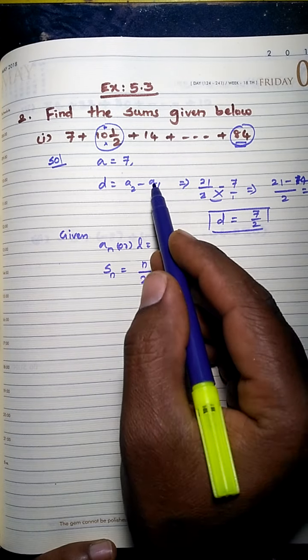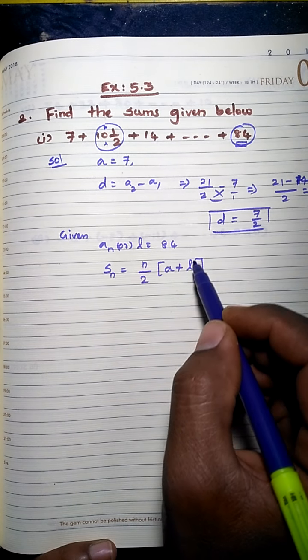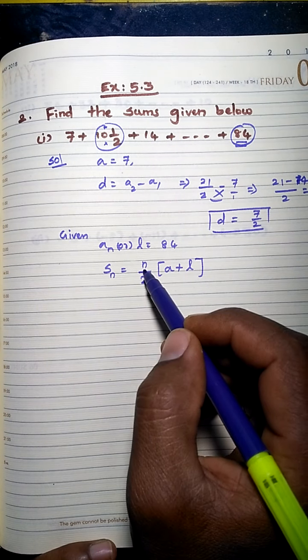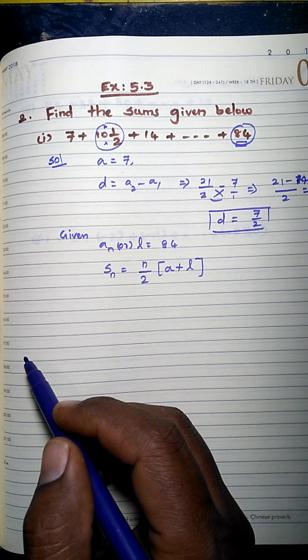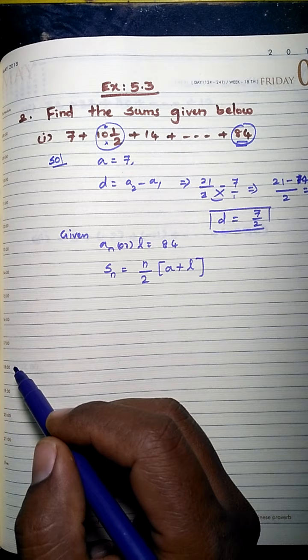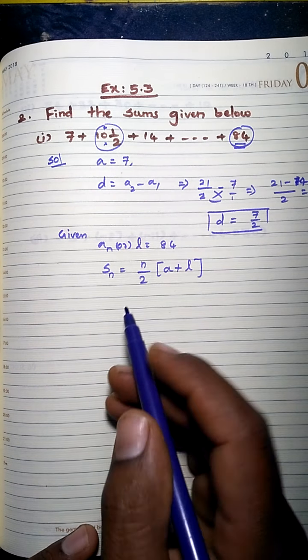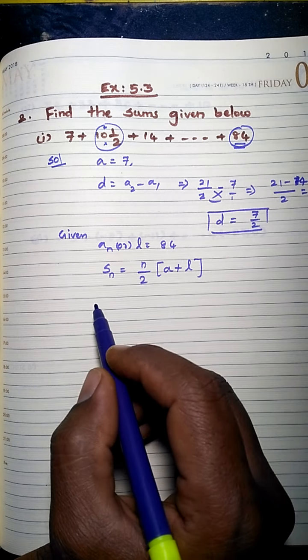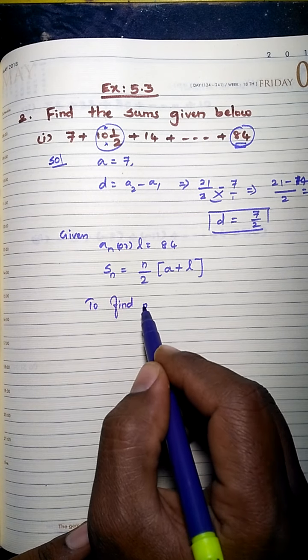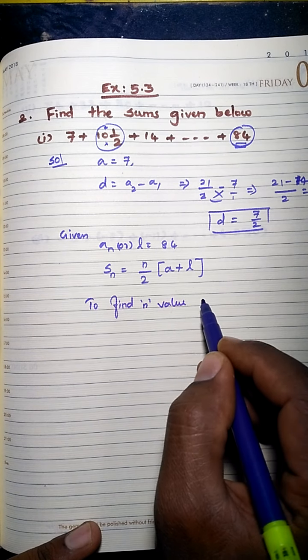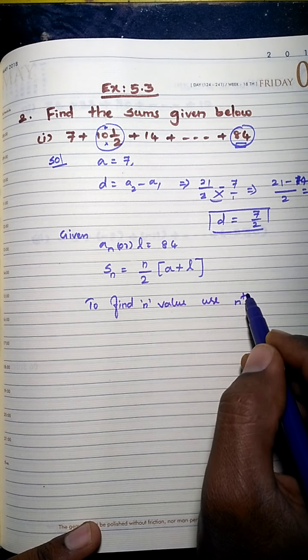Now the first term a we know and the last term l is given, but the number of terms n we don't know, because in between some terms are missing. So using the nth term formula, the first topic's concept, we can find the number of terms. To find the n value, use the nth term formula.